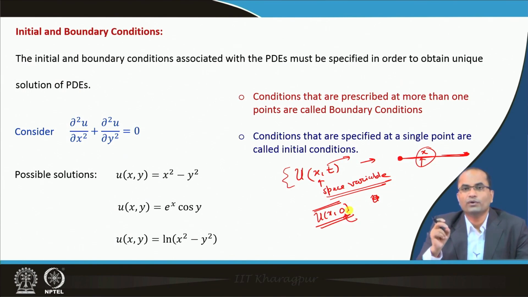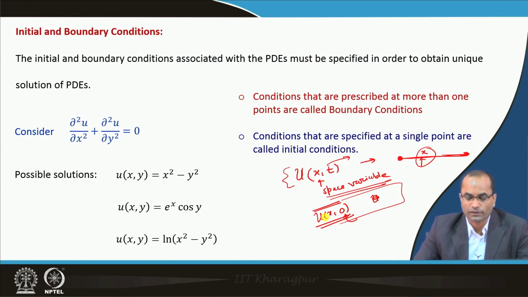There could be many conditions depending on the order of the differential equation, but these are usually called the initial conditions. So at the initial time we have prescribed the profile of the temperature in the body.